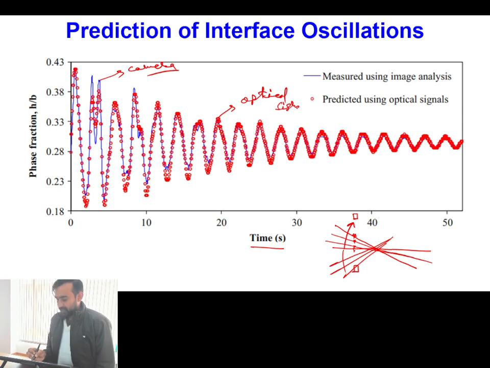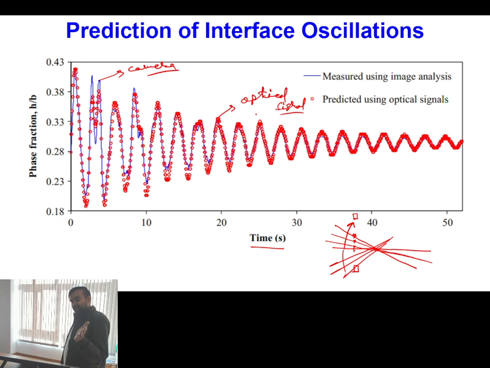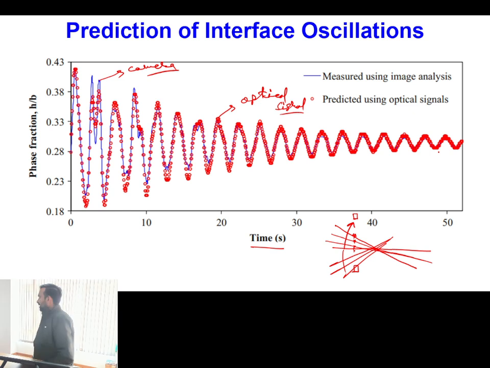Here you can see that even for dynamic measurements, the optical signal is very well able to determine the evolution of the interface height. In case you do not have any forcing mechanism keeping the interface continuously oscillating, after a certain time the amplitude of the interface oscillation will keep on decreasing and finally it will settle down to its initial situation.